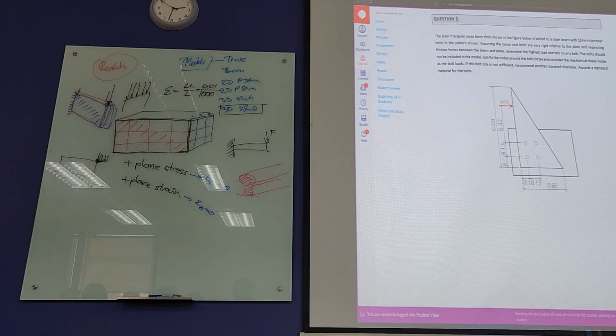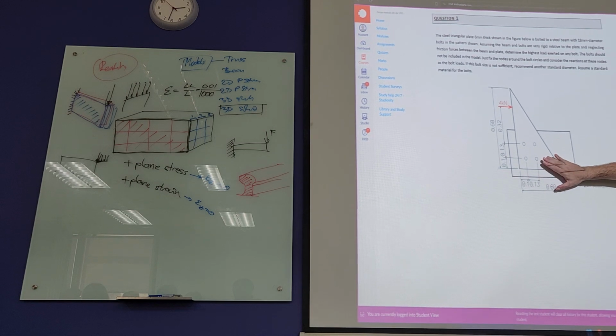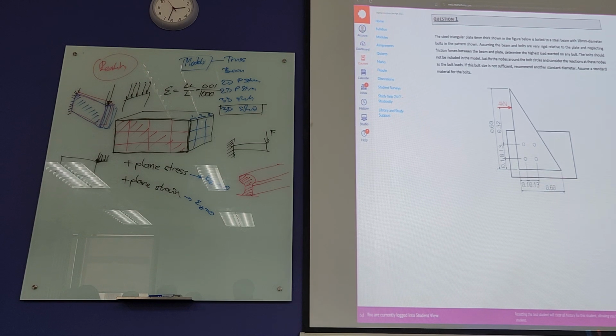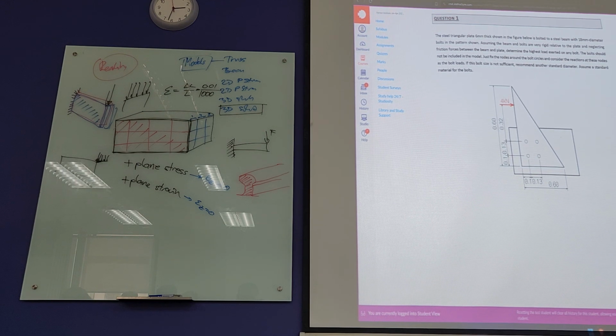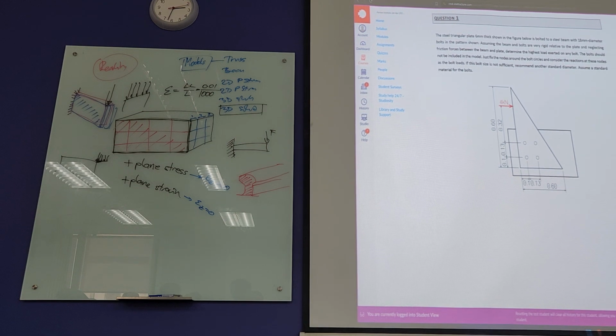If you are interested in what's going to happen to the back plate, you would need to model that. So it depends, again, with FEA, you have to understand it is quite situational. In a sense, you have to understand what is the situation and what are you after. What are you after in this particular problem?